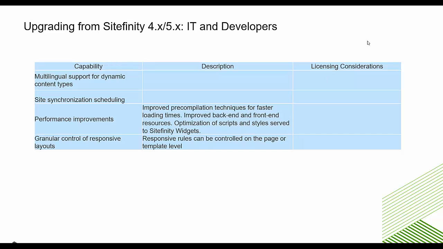So this is improved pre-compilation techniques for faster loading times, improved back-end and front-end resources, and optimization of scripts and styles that are served to Sitefinity widgets. And then more granular control of responsive layouts. With responsive rules, they can be controlled on the page or at the template level.